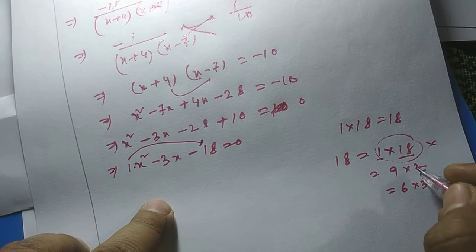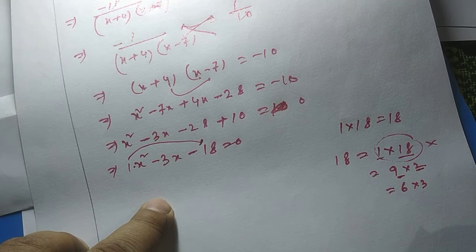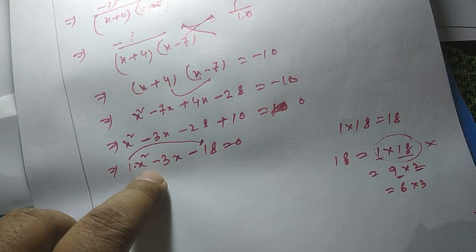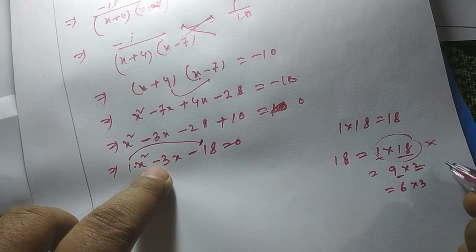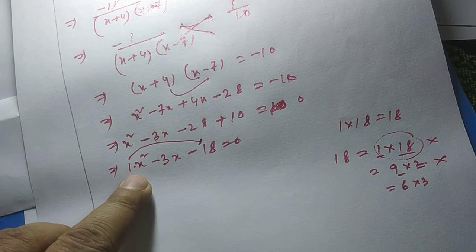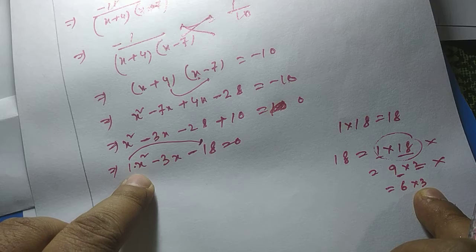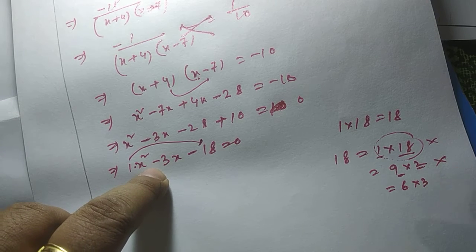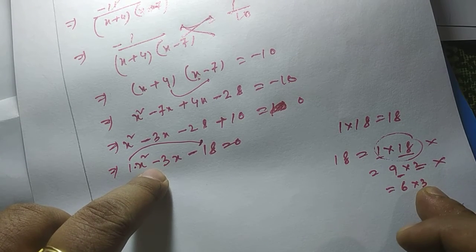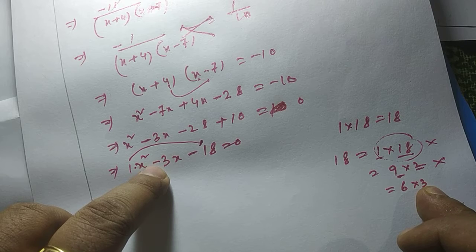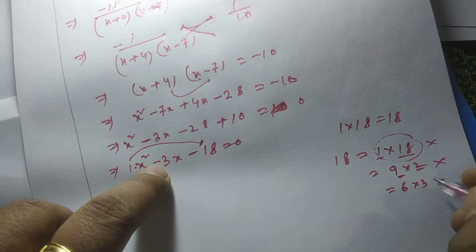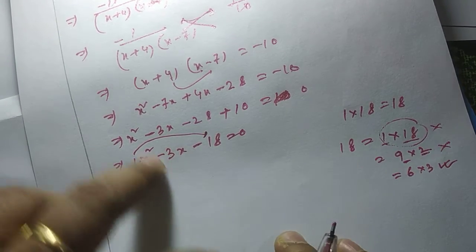Similarly, if we take 2 and 9, also we cannot get minus 3 in the middle by using them, so also it is cancelled. But if we take 6 and 3, after that by doing plus or minus we can get minus 3. Understood? So you have to consider these two factors.